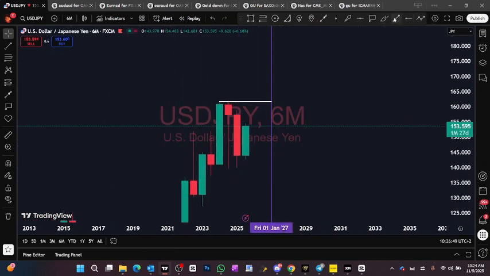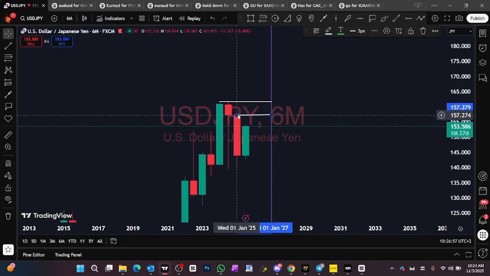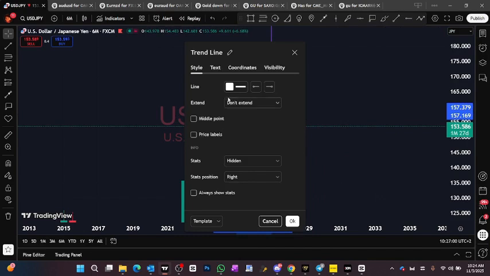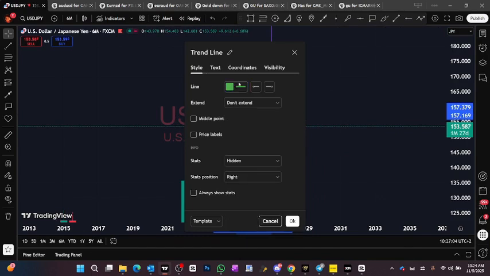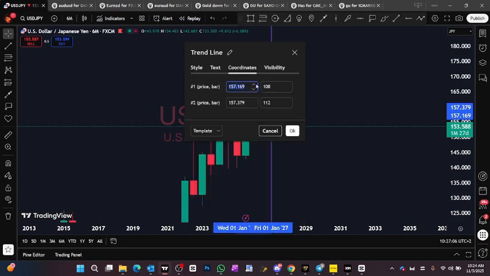Okay, 6 months. You're looking at this body, which we'll see when we go down. Green, when you go down, it's actually what we call resistance.